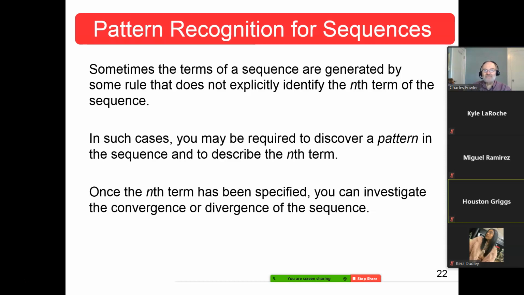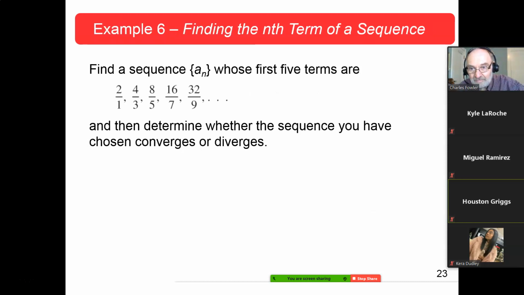You may not be able to define it with an algebraic expression, but you may be able to describe it once you found the pattern. Once the nth term has been specified, then you can investigate the convergence or the divergence of that sequence. Now that's a lot of blah blah blah.